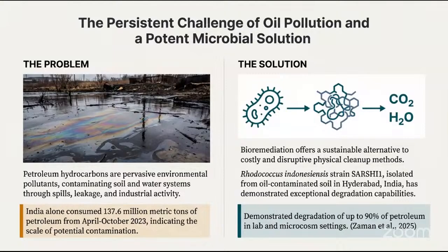Using biochemical methods, we identified 5 potent microorganisms which can degrade petroleum hydrocarbons. Out of those 5, one gave us very good results. It was able to degrade petroleum up to 90% in lab and microcosm settings. That was our first publication. We already published it in May 2025.